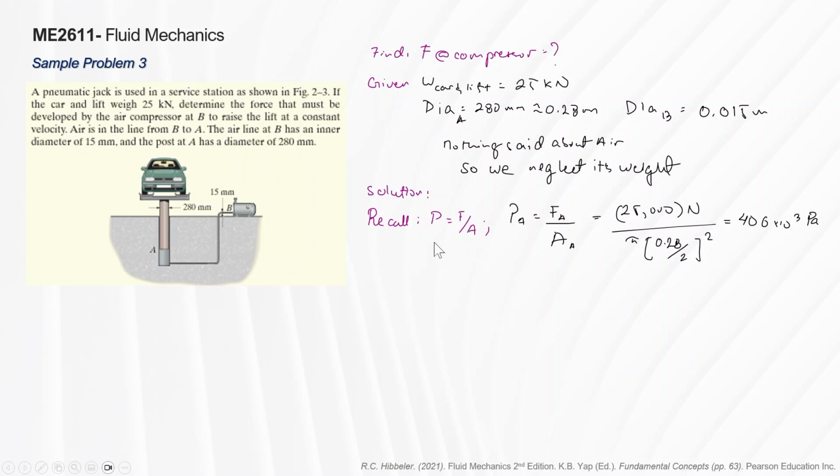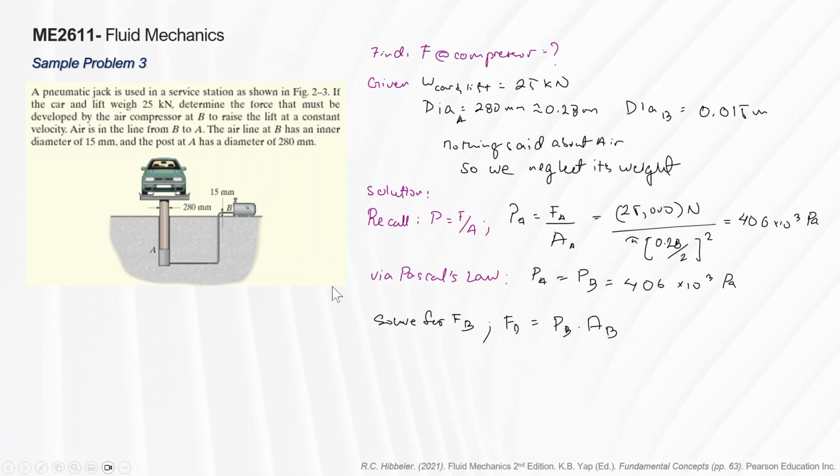A lot. And then by Pascal's law, the pressure at A should be equal to the one being exerted at PB. From there we can use that to solve the amount of force that must be released by the air compressor.